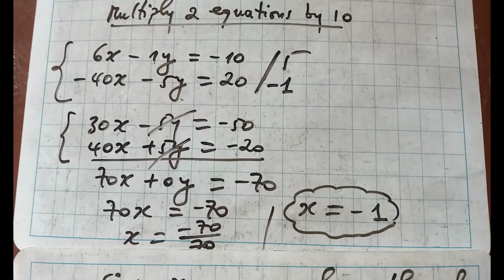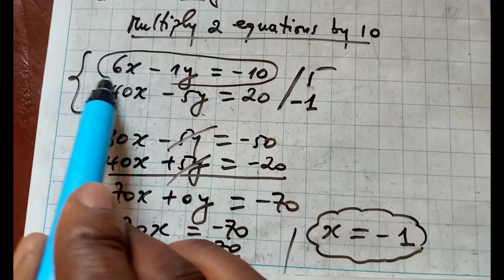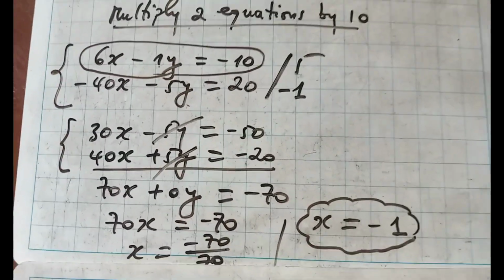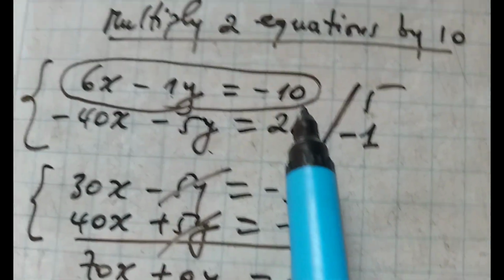We take one of the equations we have. The first equation we have here, we have to consider this one. Right? We will not consider this one with the decimal point. No. But we consider this one with natural numbers.